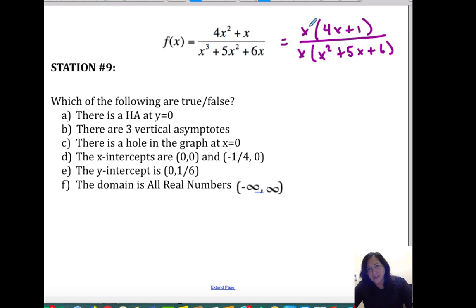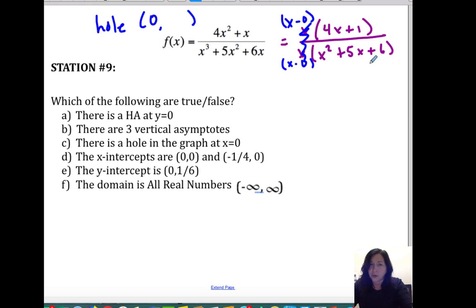I see that my x's are going to cancel. That means I have a hole at 0, because remember, that's just like x minus 0 divided by x minus 0, and those are going to cancel out. So I do have a hole at x equals 0, so a hole at 0 comma something. I don't know where the hole is, but I have to plug that in.